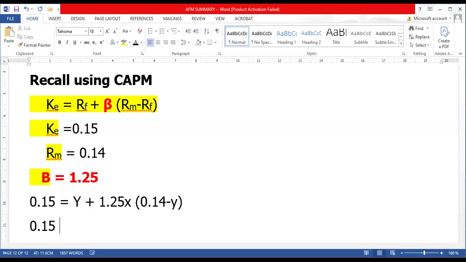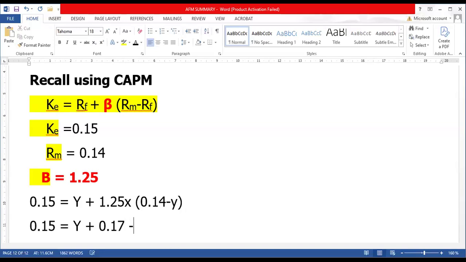0.15 is equal to Y plus open bracket now, 0.125 times 0.14, what do you get? 0.175.